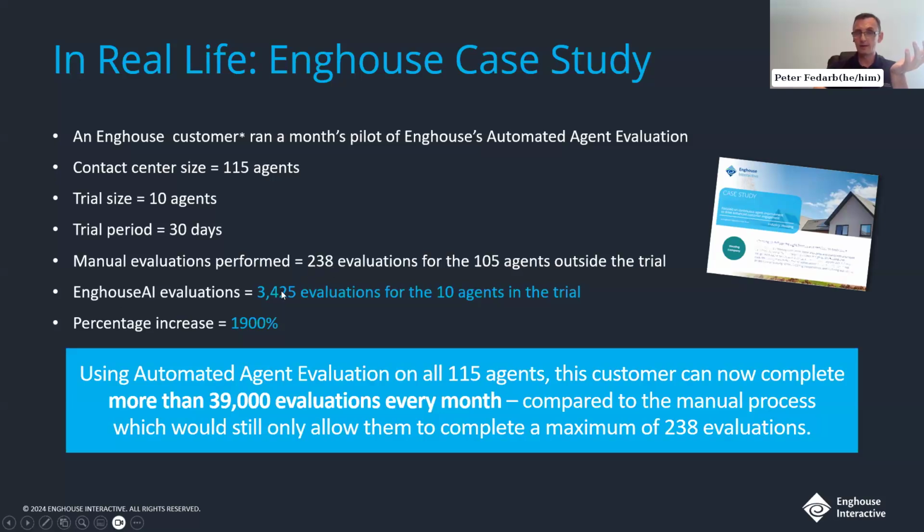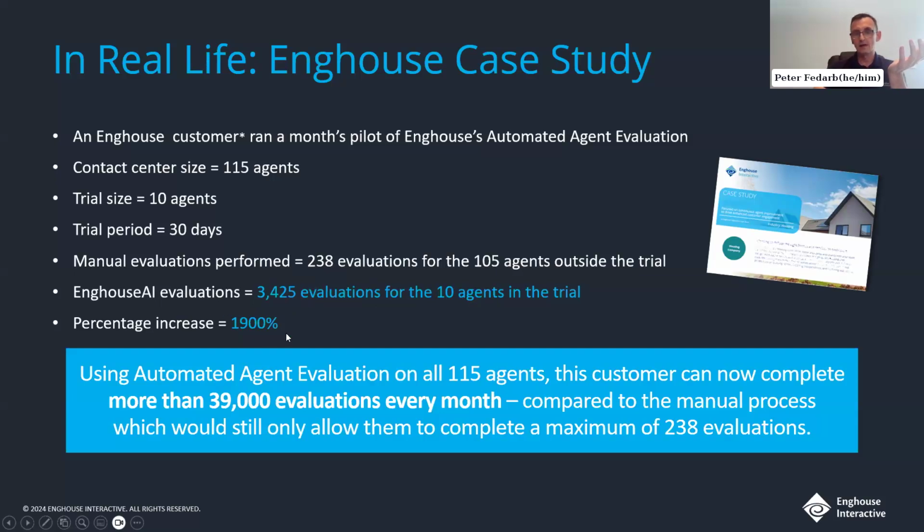Now, a very surprising number was the automated evaluations did nearly 3,500 across those 10 agents in the same time. So you can see the amount of difference that is actually happening. The smaller percentage that they were doing was about 0.5% of the evaluations that were possible within the system.